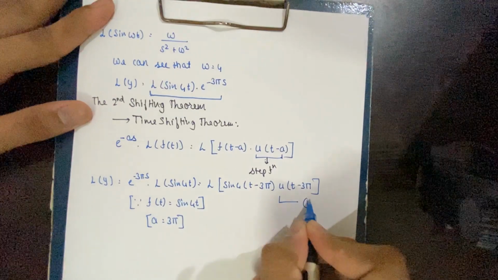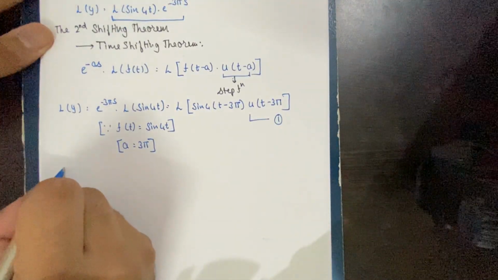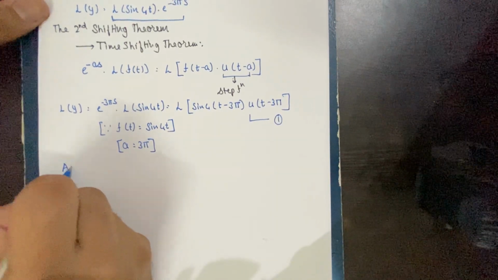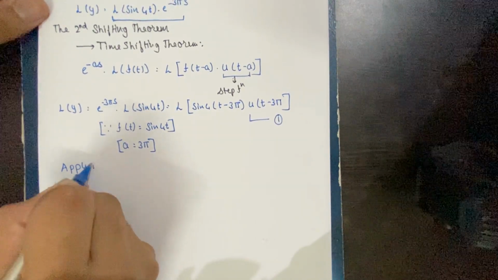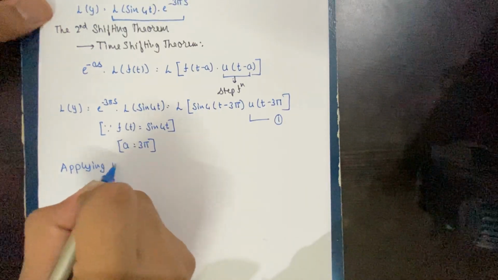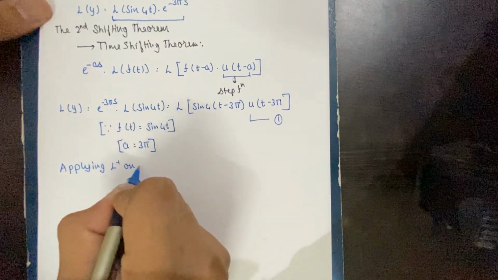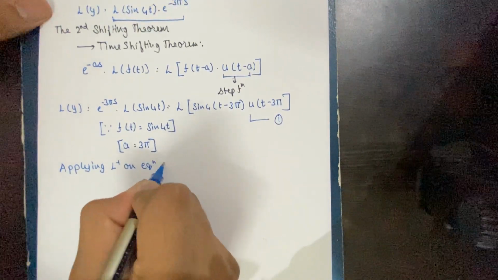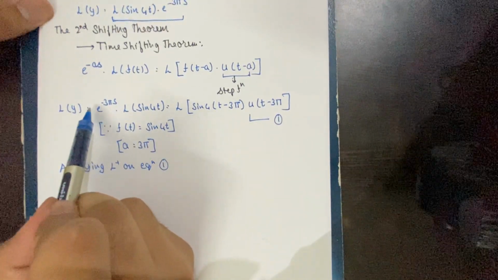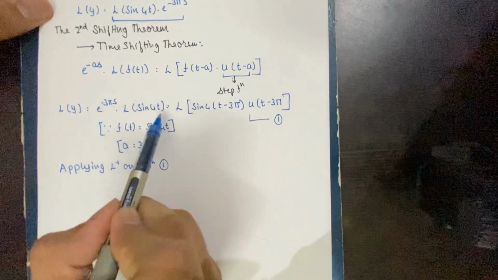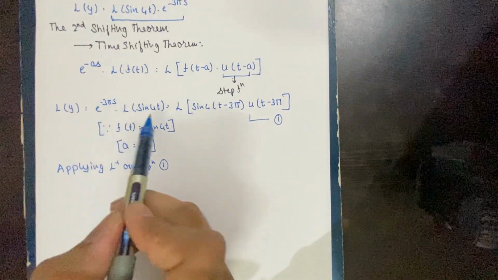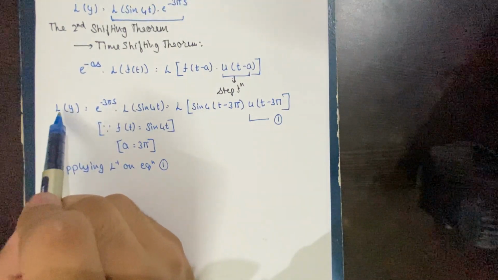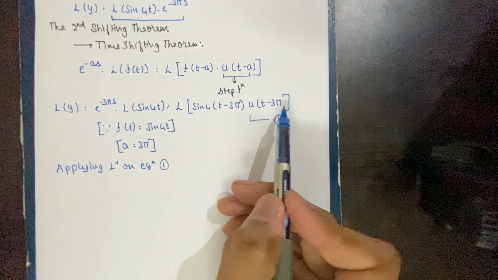Now let's consider this equation 1 finally. Applying L inverse on equation 1, we don't need to disturb this, we can completely remove this from the equation. We are left with Laplace of y equals this.